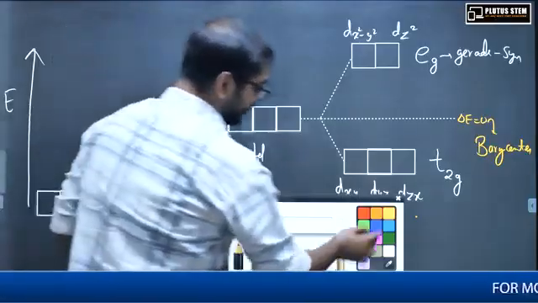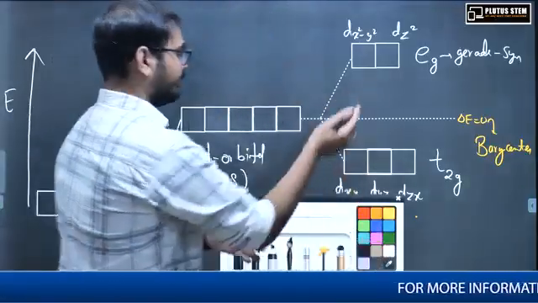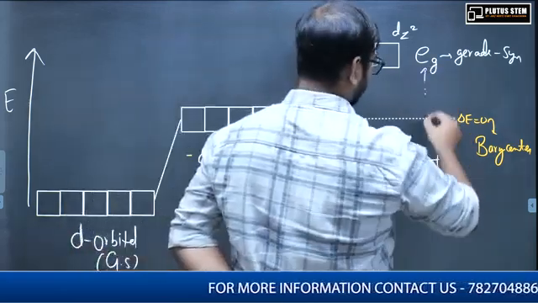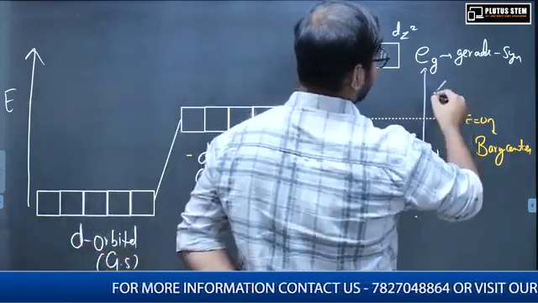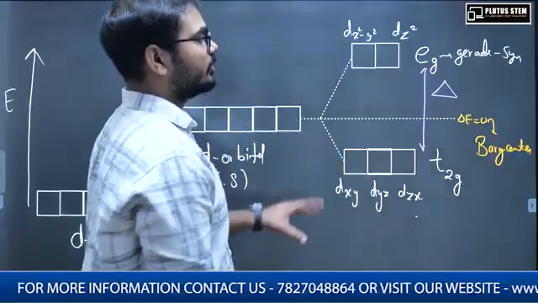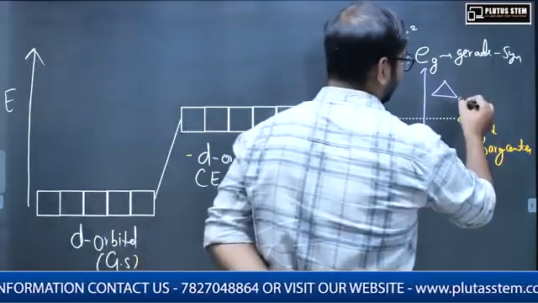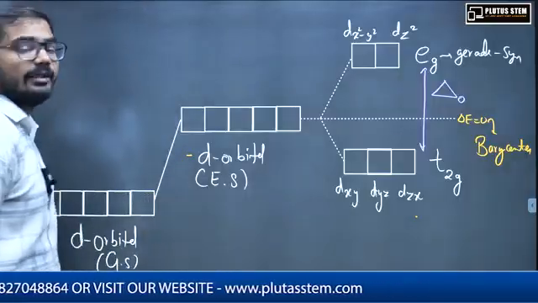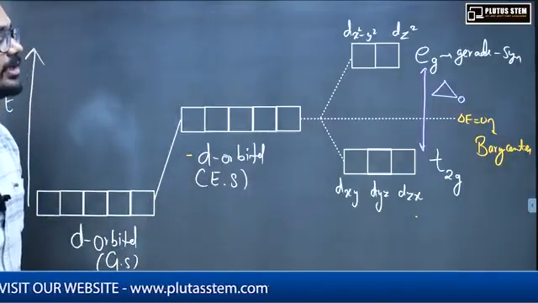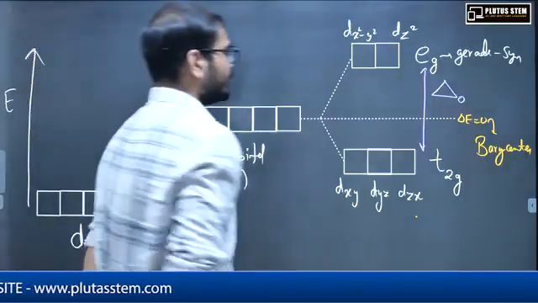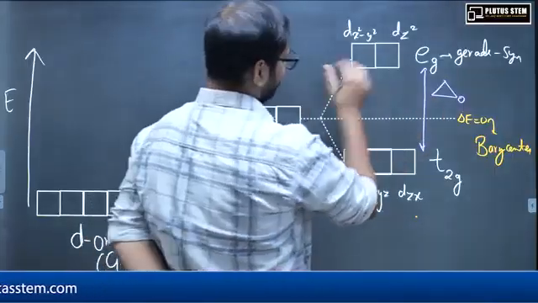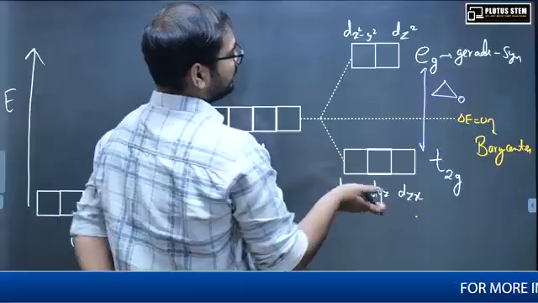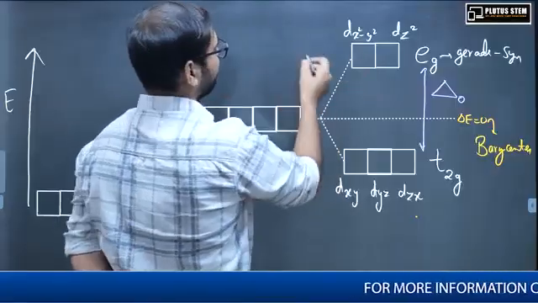Now, along this energy center, we need to know how much they are being stabilized. This entire difference of energy is called crystal field splitting, and based on the geometry, it is denoted del O for octahedral, del T for tetrahedral, and for square planar, del SP. So now we have a total of 5 orbitals, and 2 orbitals are raised to high energy. Since they are raised to higher energy, they are suffering more repulsion.